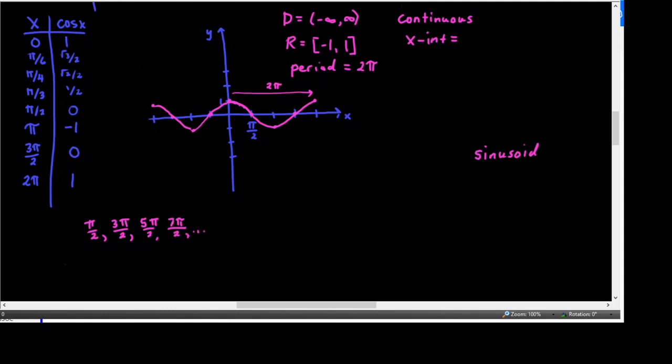Okay, and then let's go to the left some. Negative pi over 2, then negative 3 pi over 2. What's the one before that one? I hope you said negative 5 pi over 2. And it keeps on going before that.